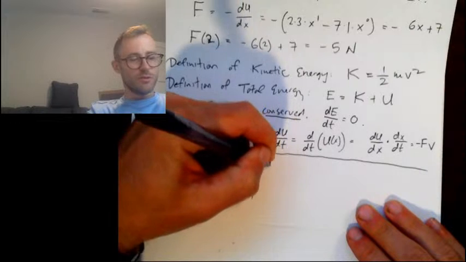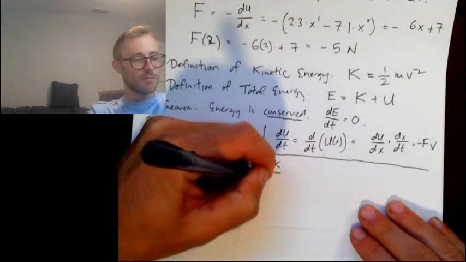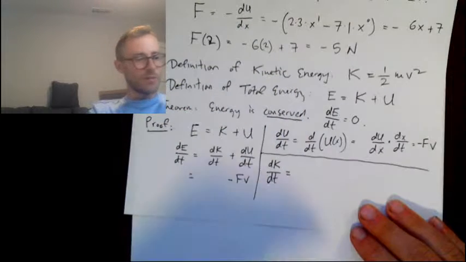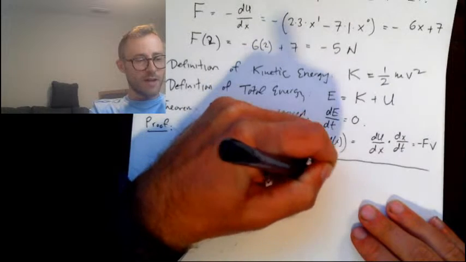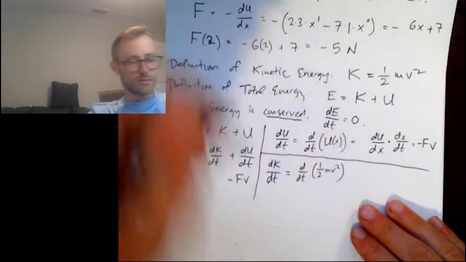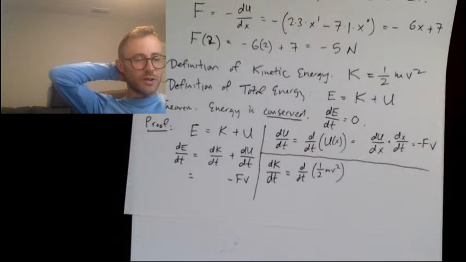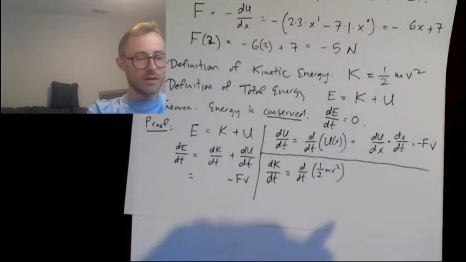Now let's do the derivative of the kinetic energy with respect to time. That would be the derivative of 1/2 mv squared. As you can see, the kinetic energy is a function of velocity. So again, we have to do the chain rule, okay?